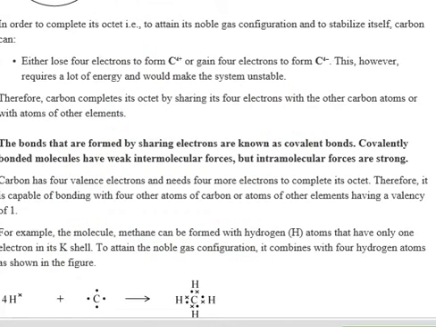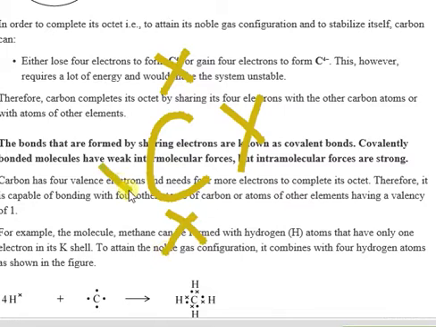Both atoms need to attain a noble gas configuration. The carbon atom has 4 valence electrons and needs another 4 electrons to share to become a noble gas configuration.